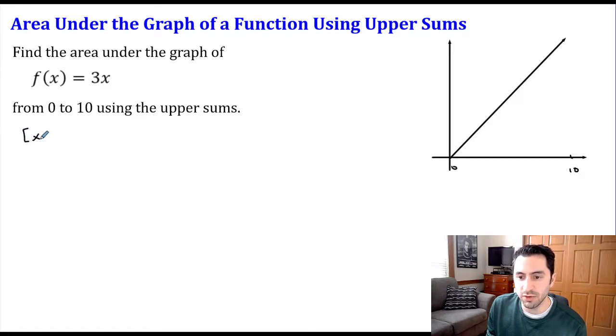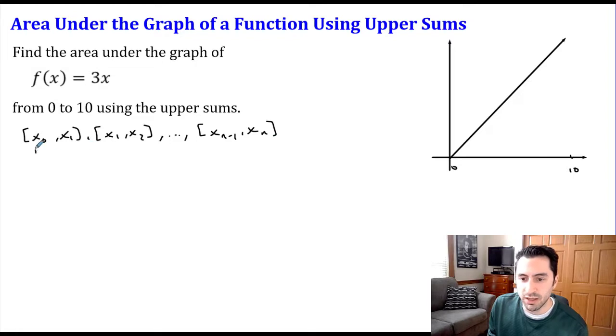Our subintervals are going to be from x0 to x1, from x1 to x2, and we're going to go all the way up. Our last subinterval is going to be x sub n minus 1 and x sub n. In our case here, x sub 0 is at 0, and x sub n is going to be the x value at 10.